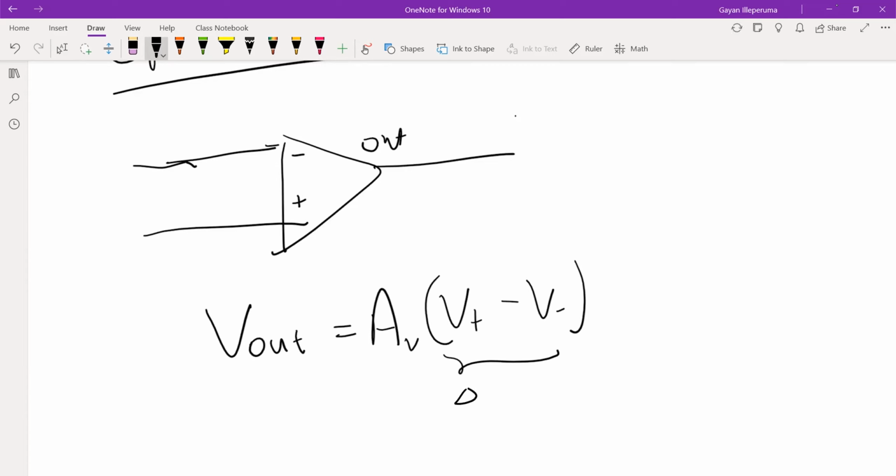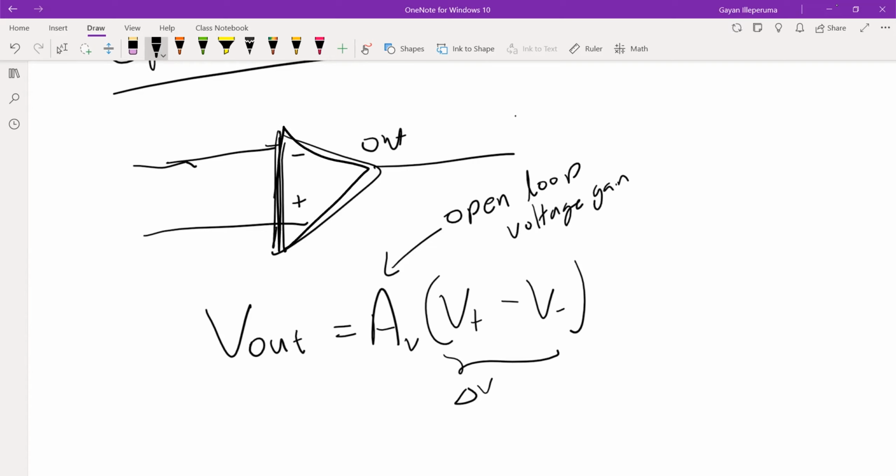So this is the voltage difference between the two terminals. This is the open loop voltage gain. When you don't have any feedback circuit, this particular equation will give you the output voltage.